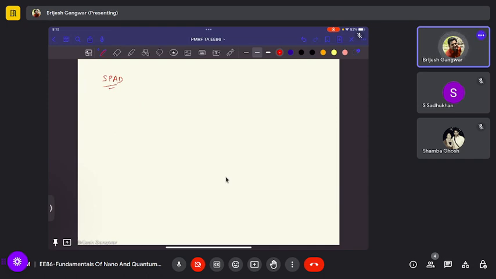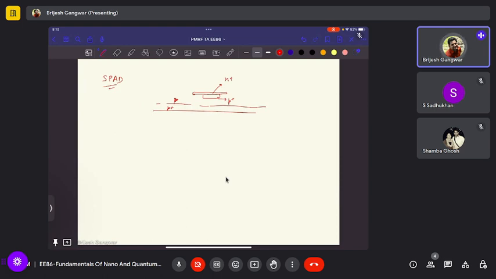If you see the structure of this, let's say this is the region of P plus, this is the region of P type. There will be some material below that. This will also be P plus type, and this will be N plus type.